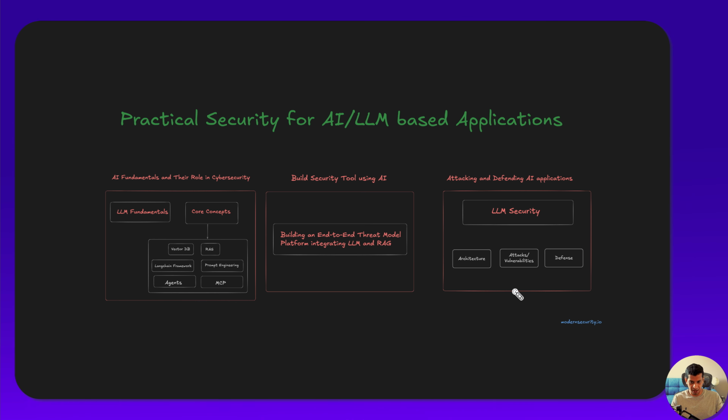So we'll look at the lab, we'll look at what the attack is, and look at the vulnerability at code level. And in the last chapter, we actually go and fix them. So not only do we look at the attacks, but we actually go and fix them.